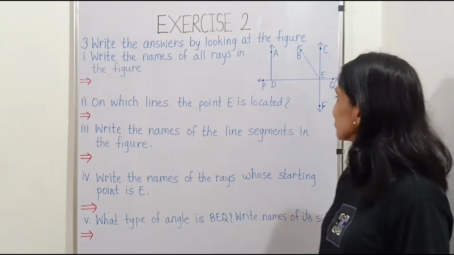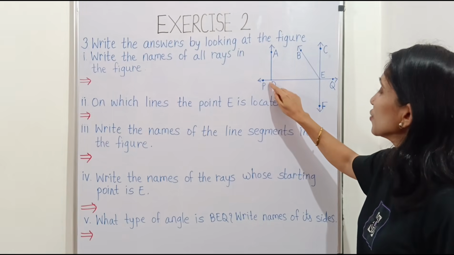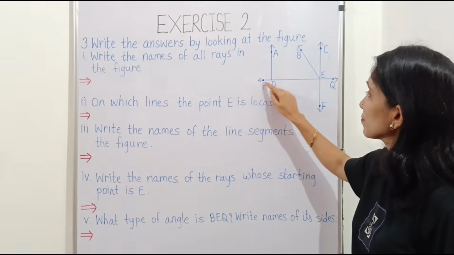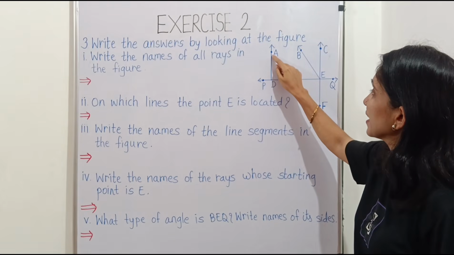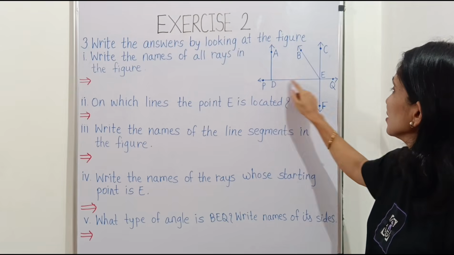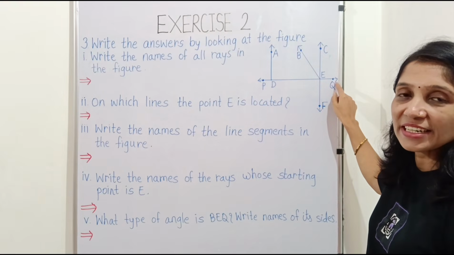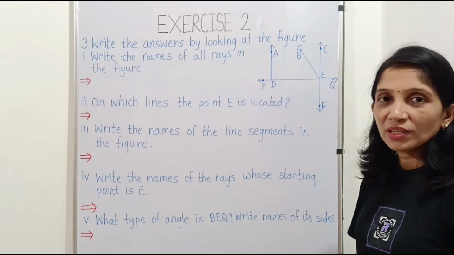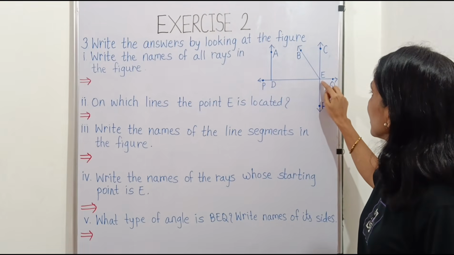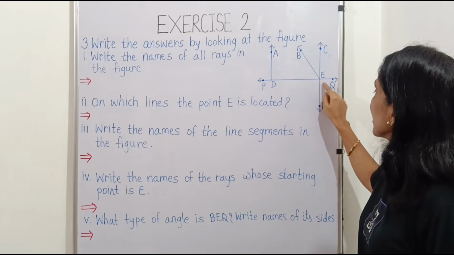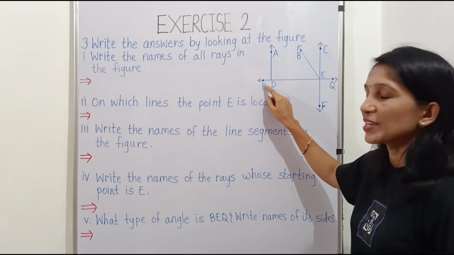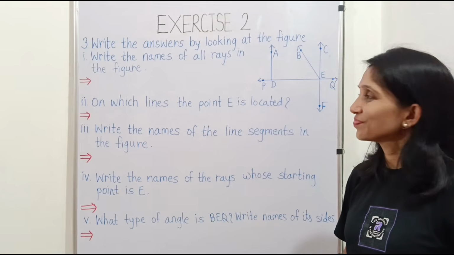Let's see. If D is the origin, we will get ray DP, ray DA, ray DQ. This is the origin and this side it extends infinitely. If E is the origin, ray EC, ray EB, ray EQ, ray EF, ray EP. Let us write.